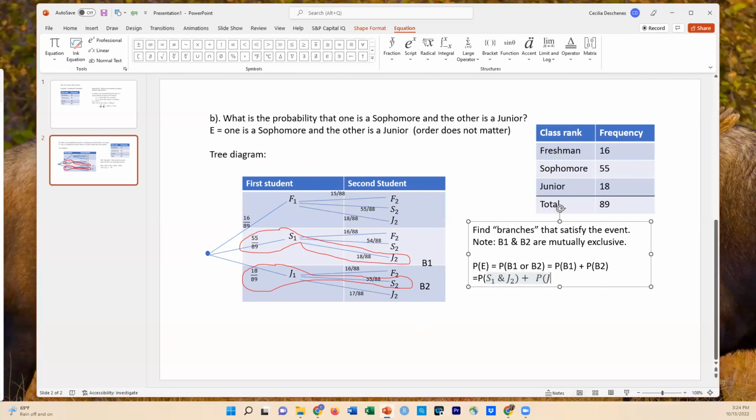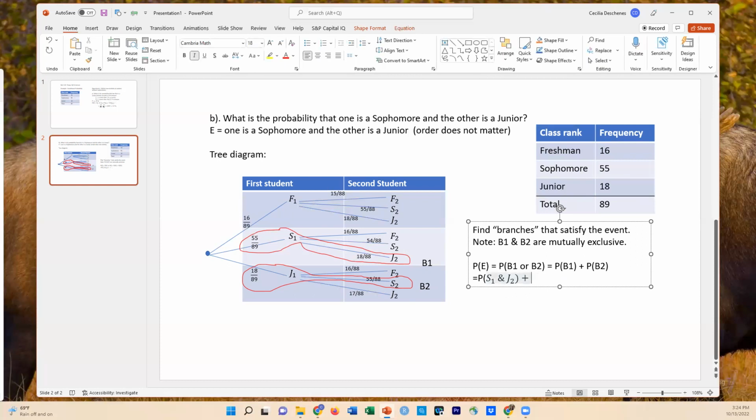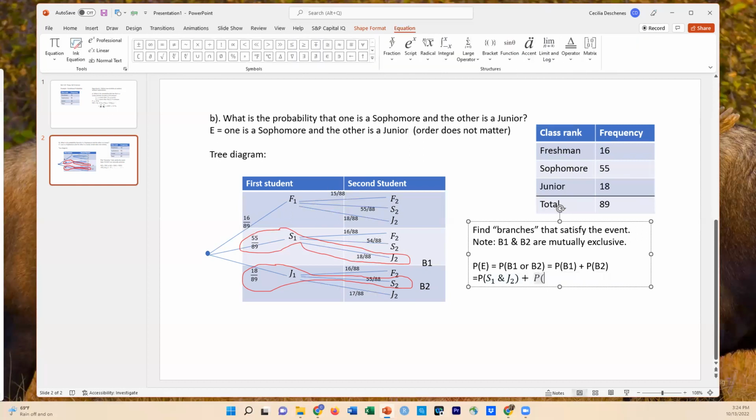Probability, let's see how it works now. The junior's chosen first, and the sophomore is chosen second.